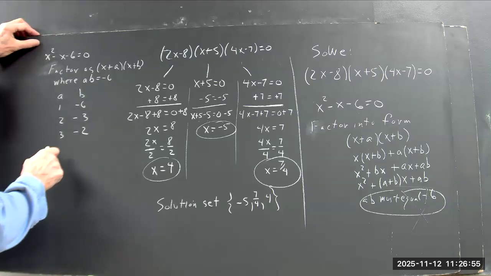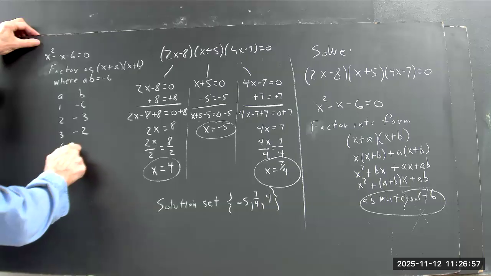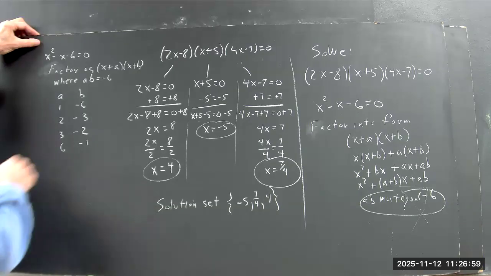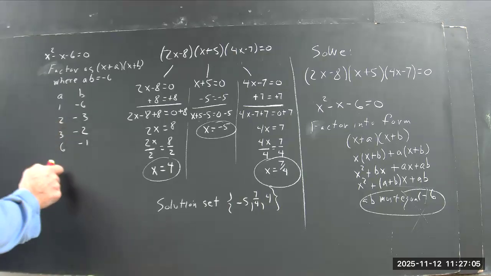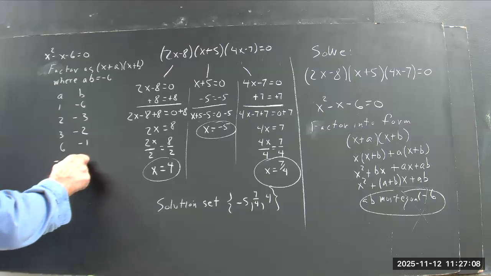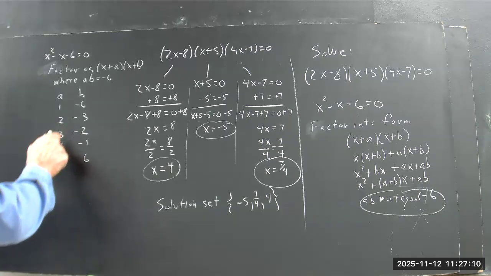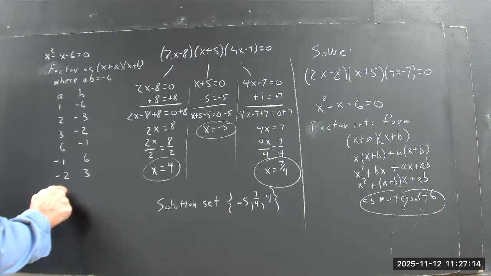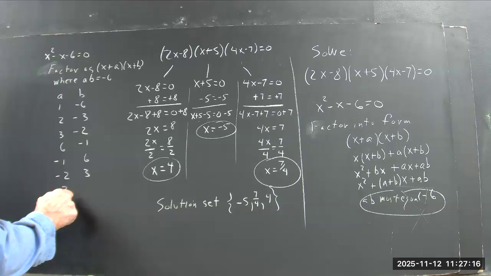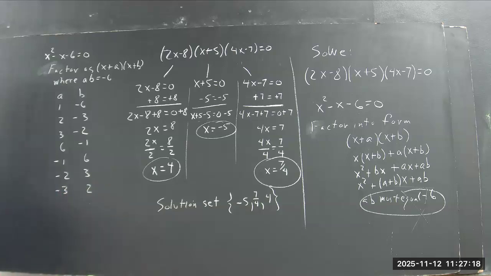Or a could be 6, in which case b would be negative 1. Also, a could be negative 1 and b could be 6. A could be negative 2 and b could be 3. A could be negative 3 and b could be 2.